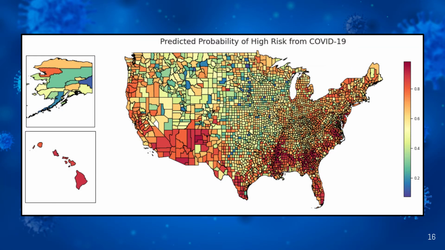When we look at the predicted probability of high risk from COVID as a result of the model, what we see is a lot of reds, which indicate a high probability in the American South and parts of the Northeast, versus blues and light greens, which indicate a lower probability of high risk from COVID-19 throughout the plains and the Midwest.